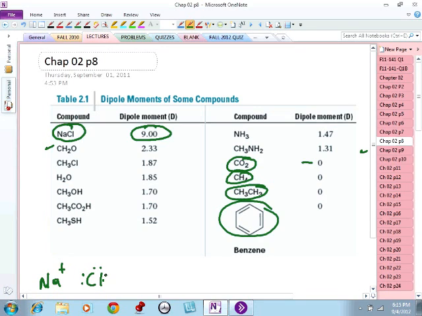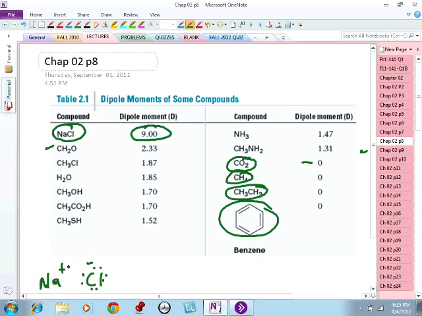Now, I bring this up because this leads us to another concept that is very important to us. Keep in mind that most of what we have been doing in chapters 1 and 2 is designed to lay the foundation for your future understanding of organic chemistry. So we are going to continue in that trend.